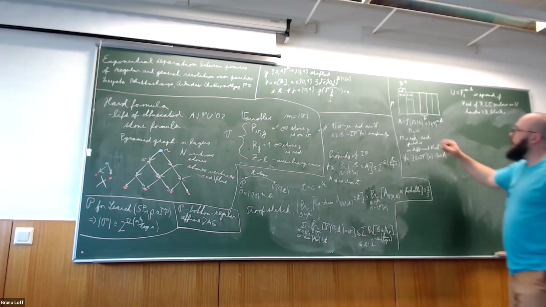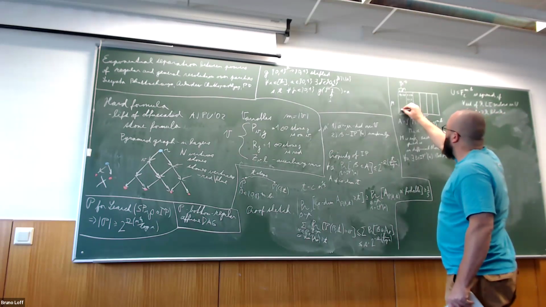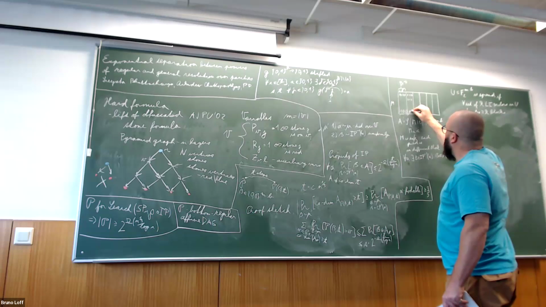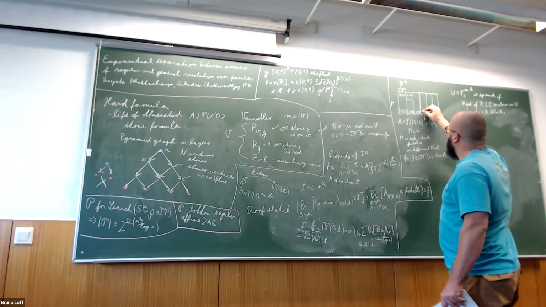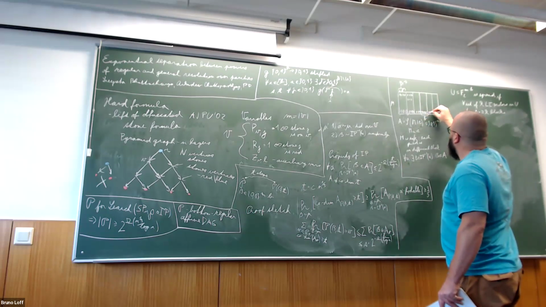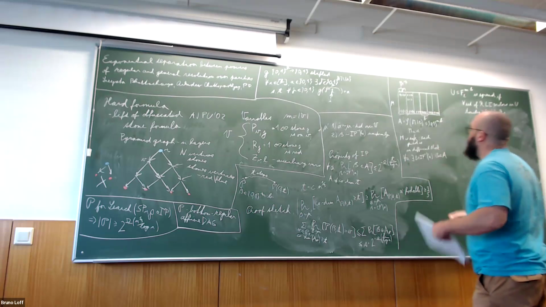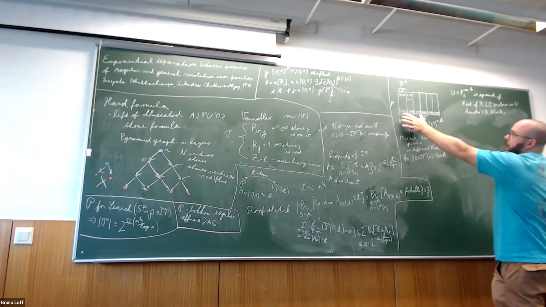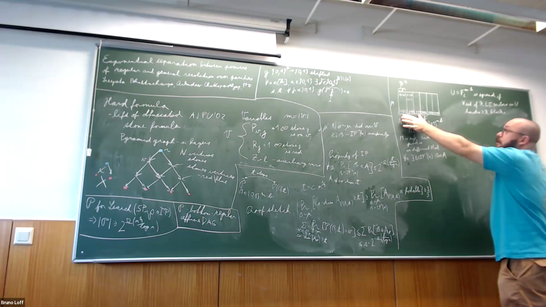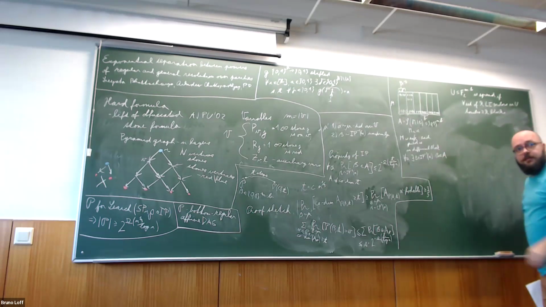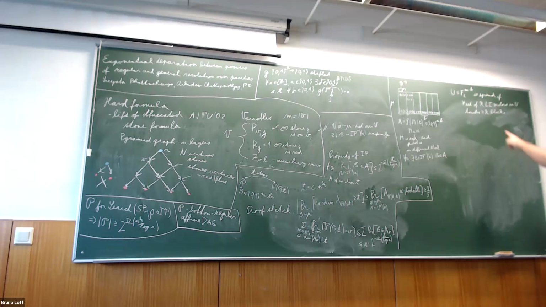So let's say you have this vector, this vector touches these two blocks. A set of vectors touches a block if at least one of them does.